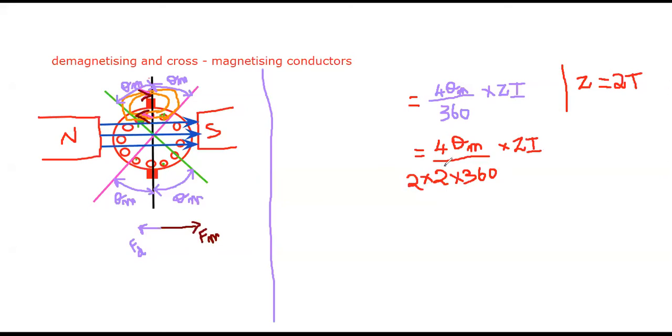So what happens? This 2, this 2, so totally 2 into 2, 4. And here also 4 is there, so they will cancel each other.